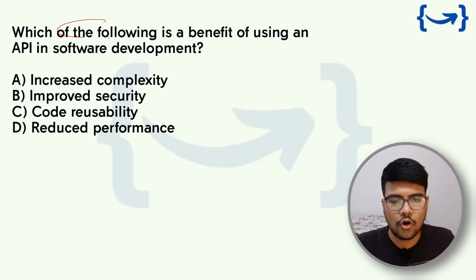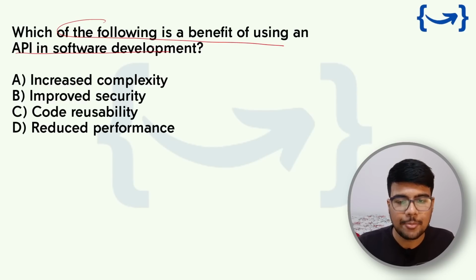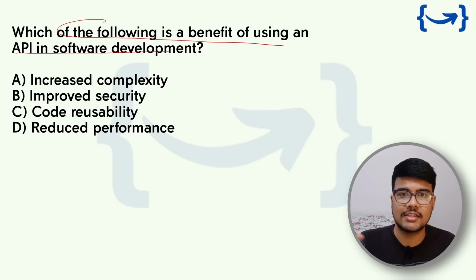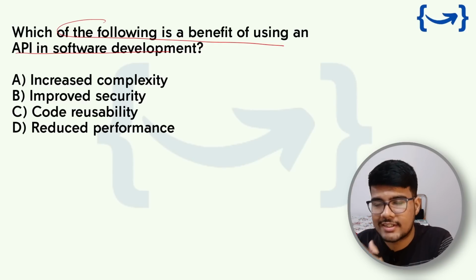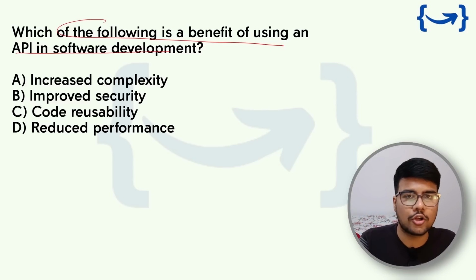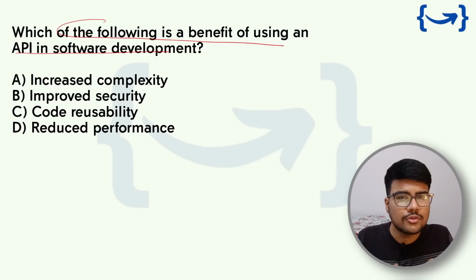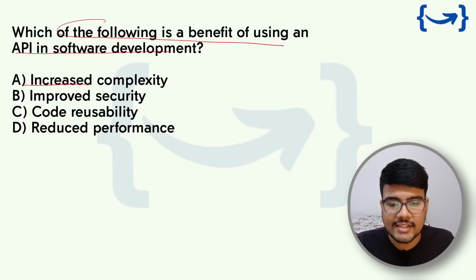Great. Which of the following is a benefit of using an API in software development? What is the use of an API, guys? Basically, an API is a pre-built structure from, let's say, a partner side or a public or private site, which supports you, like ChatGPT has everything written. You just need to take their API and you can use their services very easily. Don't you think you get the advantage of not writing the code again? So let's see. Increased complexity?